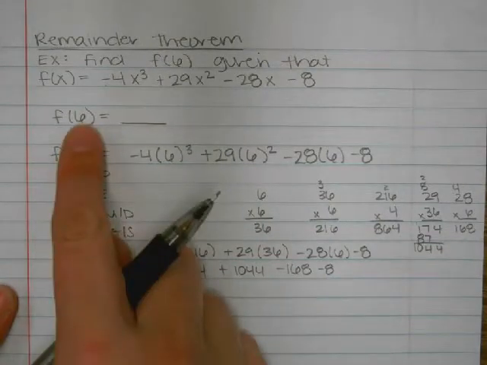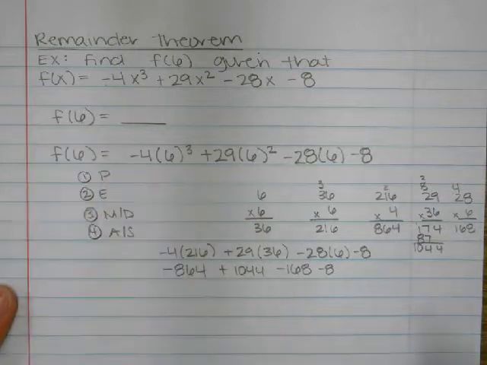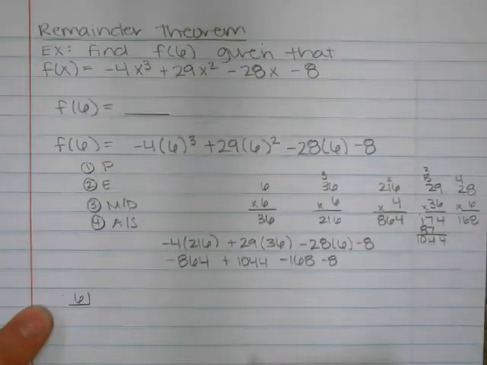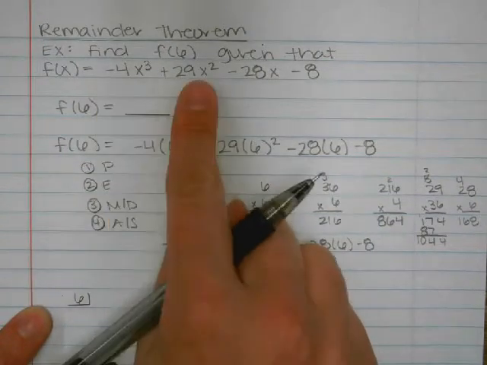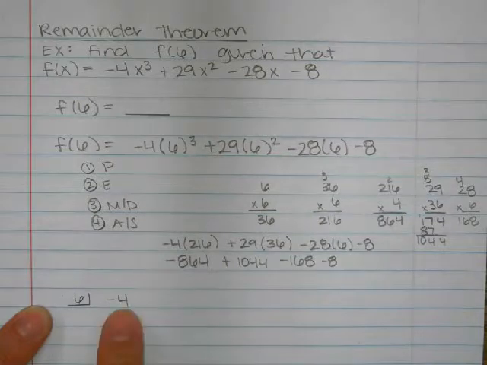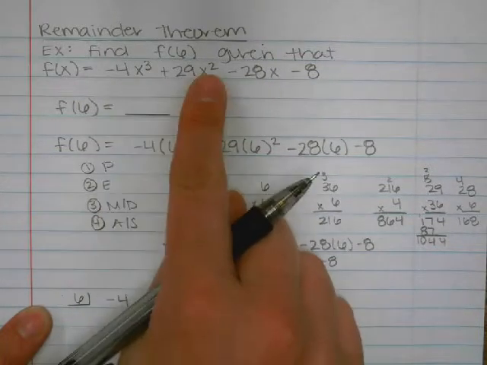So you can do this problem using synthetic division, and the number that you're trying to evaluate is the number that goes into the box. So 6 goes into the box. And then the coefficients, just like normally in synthetic division, we have to make sure we're not skipping any. So exponent of 3, 2, 1, none.